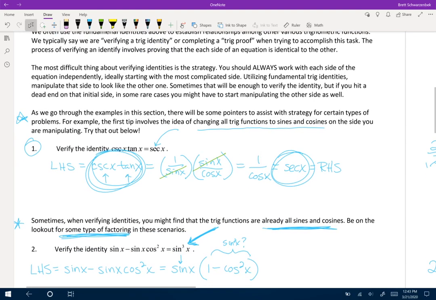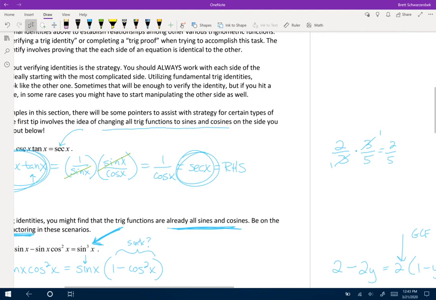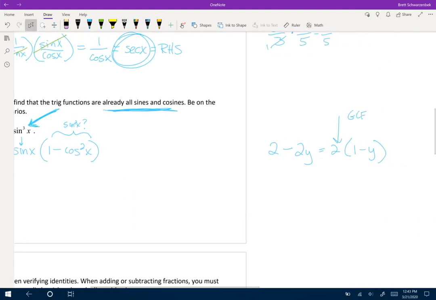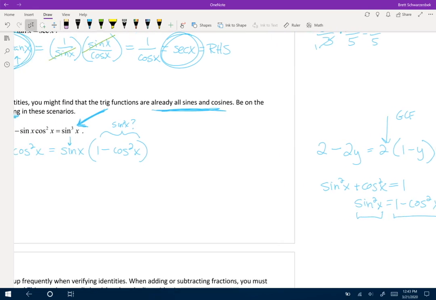So let's do a little bit of an aside over here. So if we have sine squared plus cosine squared equals 1, if we subtract cosine squared from both sides, we're going to get 1 minus cosine squared is equal to sine squared, which means we can replace any 1 minus cosine squared with sine squared.